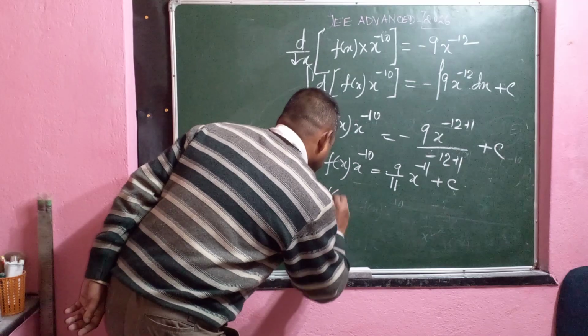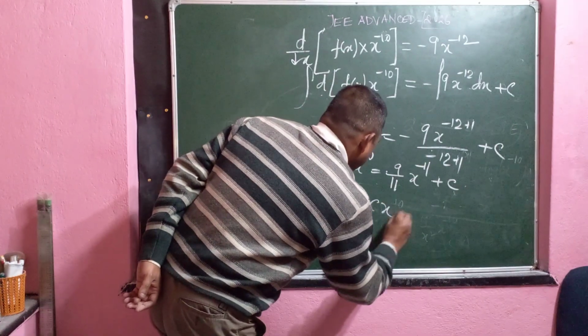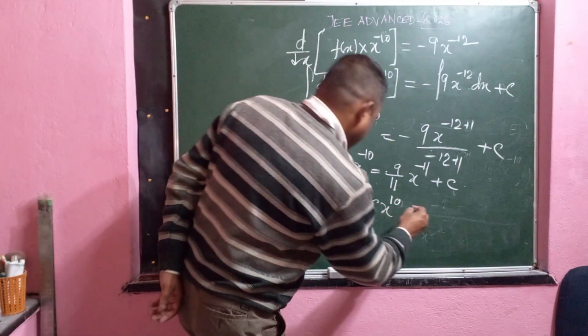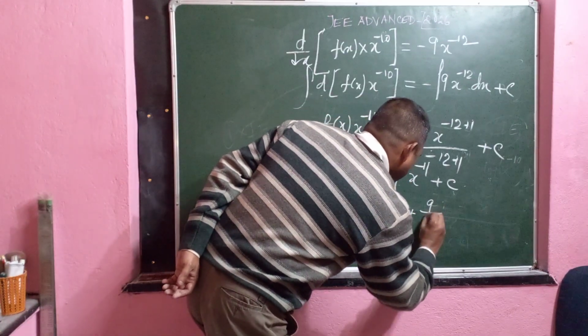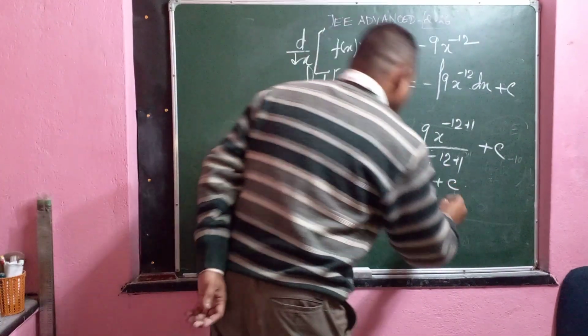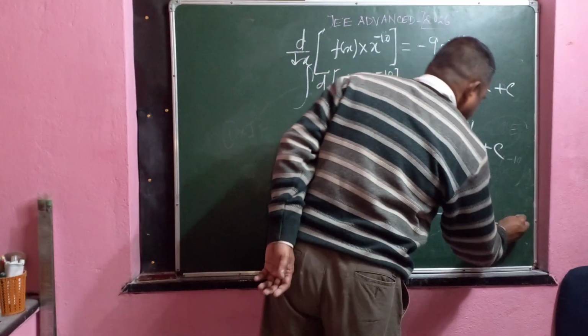So f(x), cross multiplying the x power, is c x to the power 10 plus 9 by 11 x to the power minus 1. This is our main f(x).